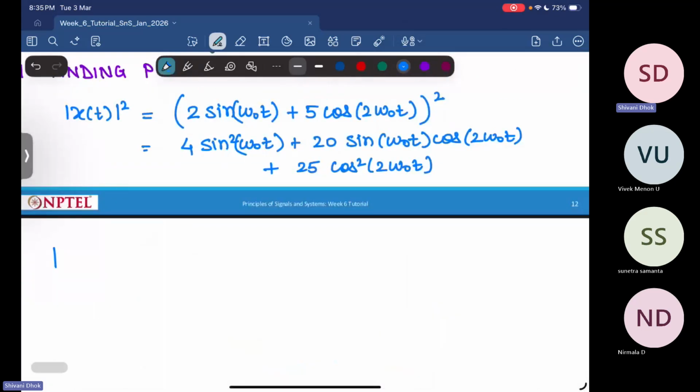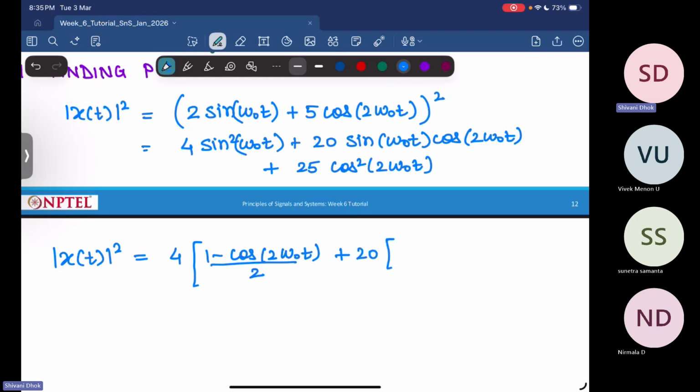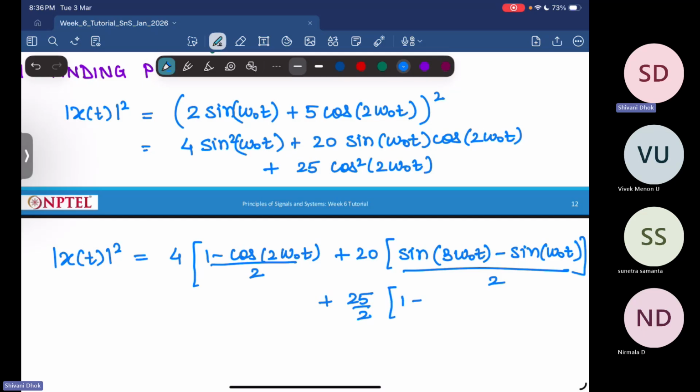Okay, so your magnitude of x of t square, this 4 sine square omega naught t, I can write as 1 minus cos of 2 omega naught t whole divided by 2 (times 4), plus this 20 sine omega naught t cos 2 omega naught t, I can write as sine of 3 omega naught t minus sine of omega naught t whole divided by 2, plus 25 by 2 into 1 plus cos of 4 omega naught t.